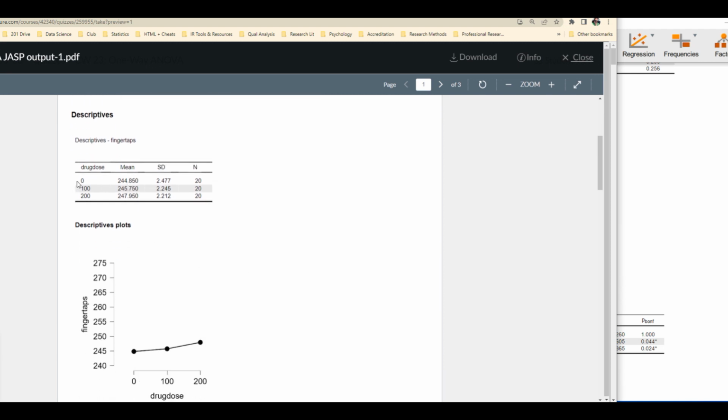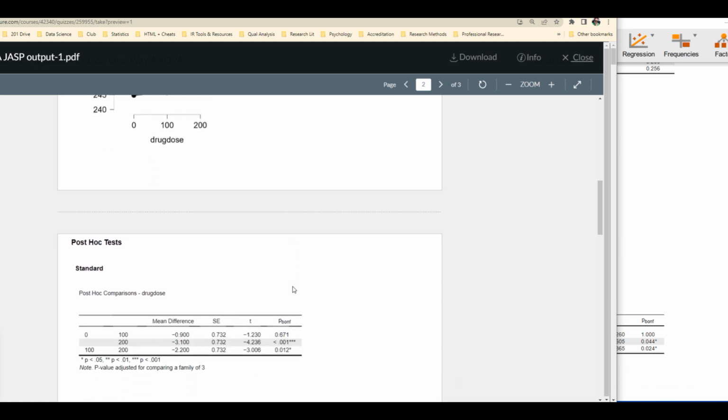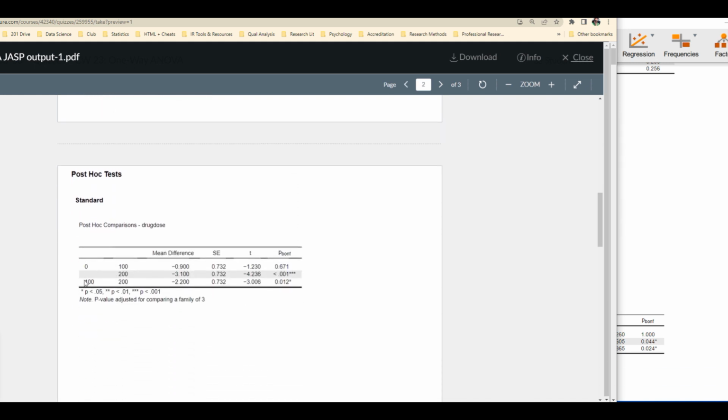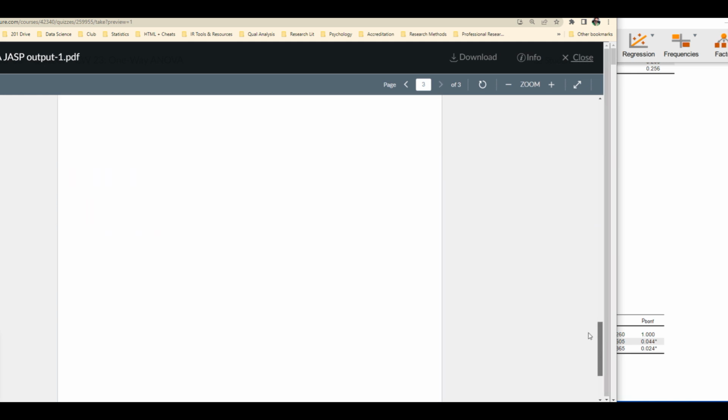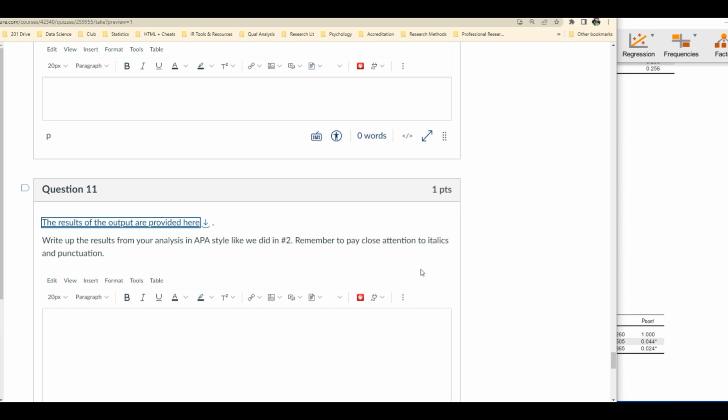That will include your 3 levels with their means and standard deviations, indicating which of those groups differ significantly from which other ones and which ones do not differ. Go ahead and practice putting that into a concise APA style write-up.